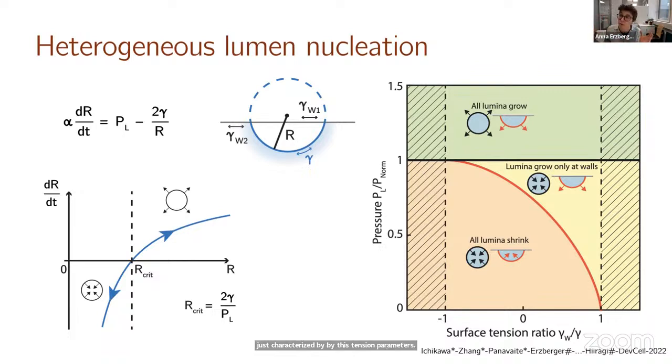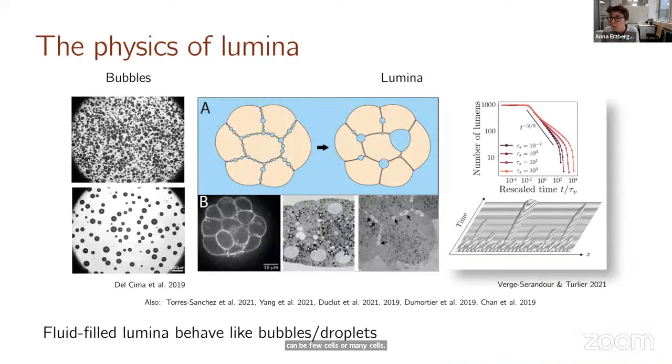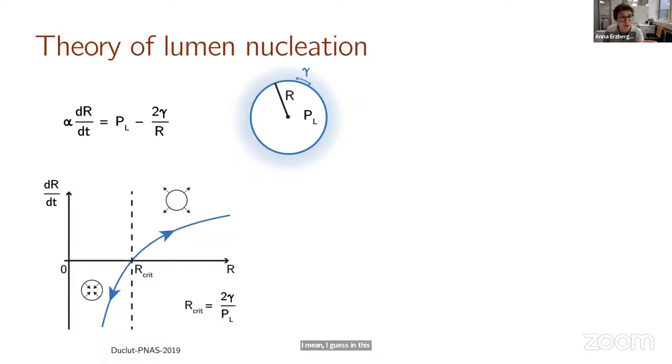It is described as a continuous medium. In reality, it is made up of multiple cells, and there can be few cells or many cells. I guess in this example that I showed in the beginning, it would be very few cells. But in this study where they look at the dynamics of the lumina at larger scales, it's modeled as a continuum, right? So this could be some good number of cells, let's say. Okay. And we're not taking into account the geometry of vertices between the cells, for example. So this is important, yeah.